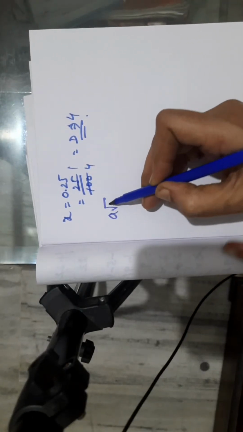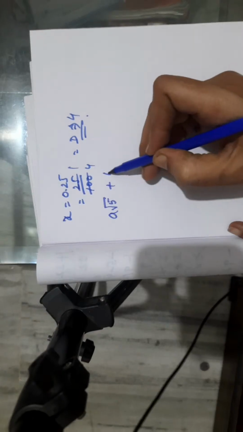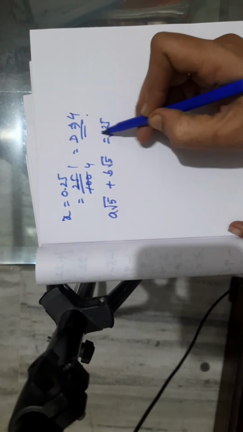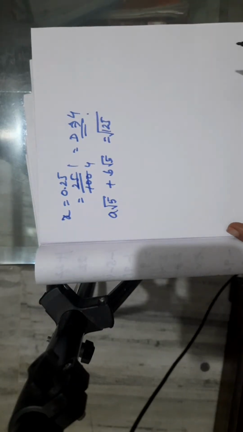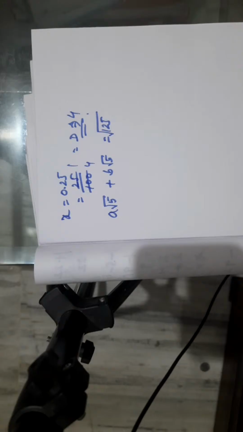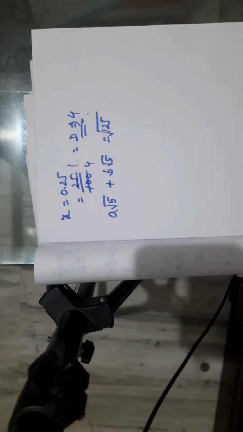A root 5 plus B root 5 is equal to the square root of 125. 4 is the correct answer. For what you wrote 2 upon 5 by 6? 4 will be the answer.